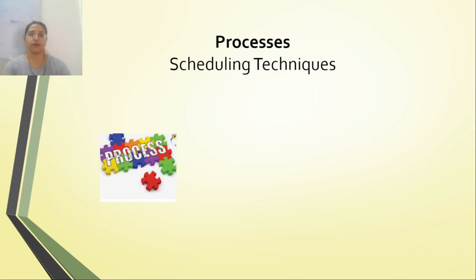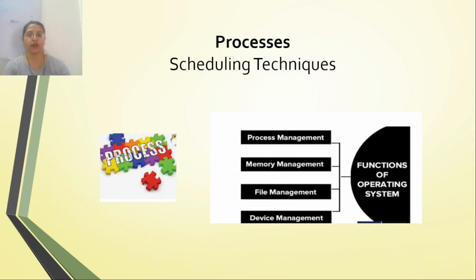Today we'll cover what a process is and why process management is so important as a function of the operating system. As we know, the four main functions of the operating system are process management, memory management, file management and device management.